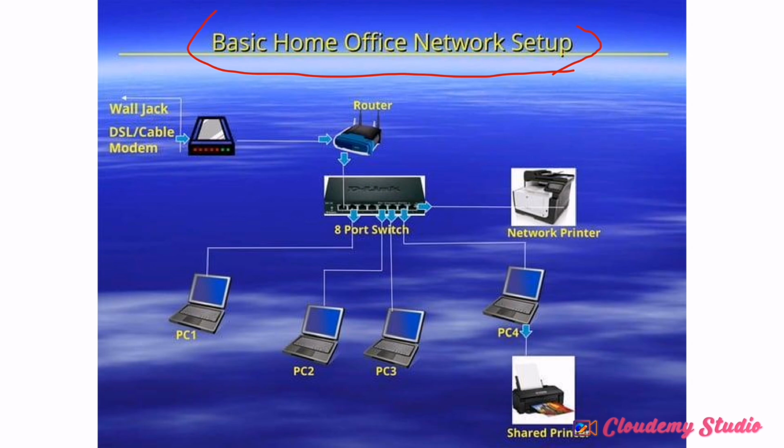So like I said, the internet is coming from here as in 1, then it's going to the router here as in 2, router, then it's going to the switch. A switch now is one that is supplying internet to computer 1, 2, 3, 4, as well as to the printer 5. Okay, that is the connection that is here.